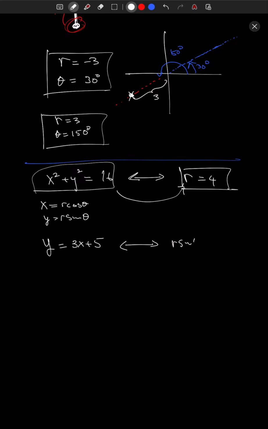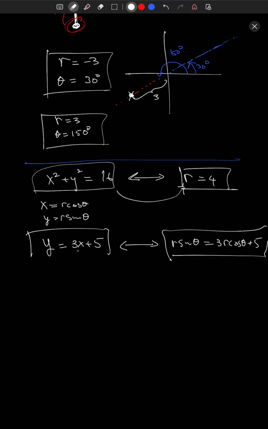Y becomes r sine theta, and then x becomes r cos theta, right? This equation on the right is much more complicated than this equation on the left. So while you can freely convert just using x equals r cos theta, y equals r sine theta, that doesn't mean it's necessarily always going to be useful, right? So try to notice when the conversion actually gives you something nice on the other end. And if it does, that very frequently means you want to work with polar coordinates, right?